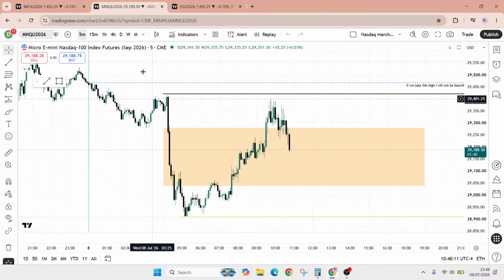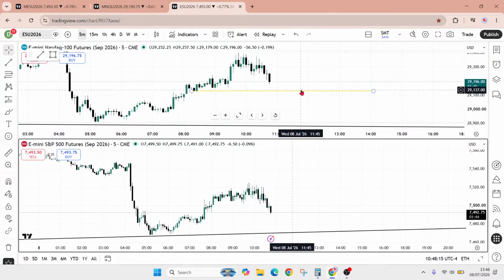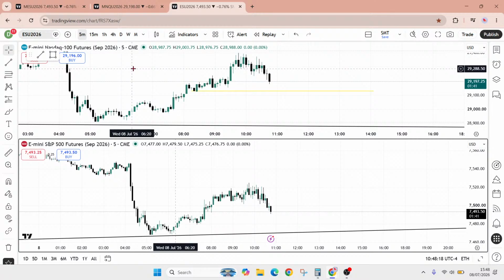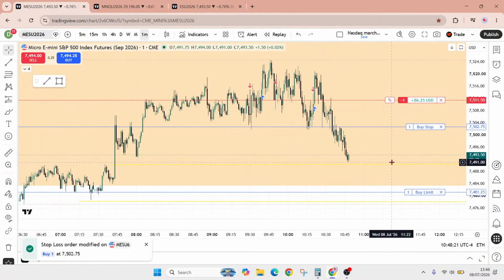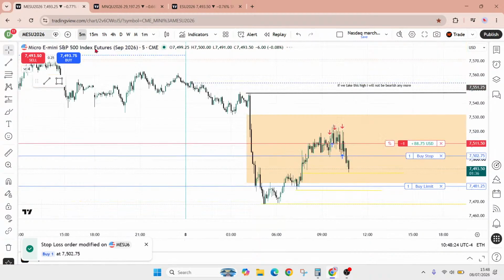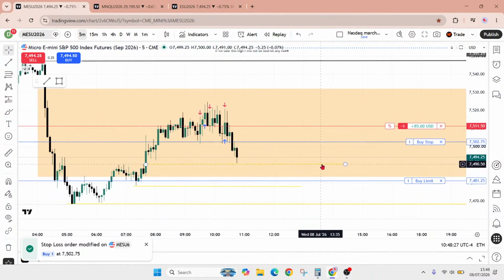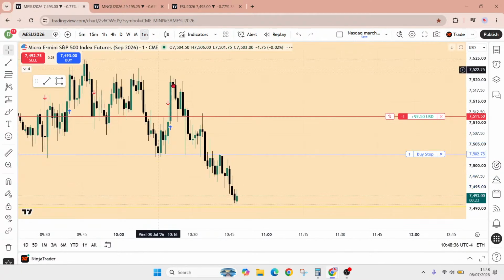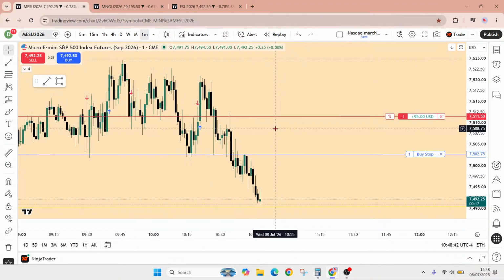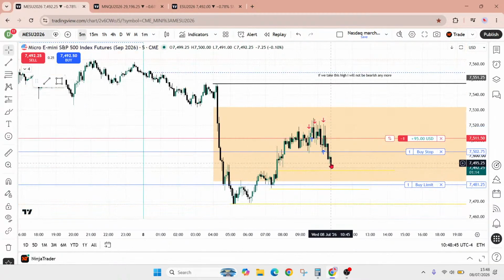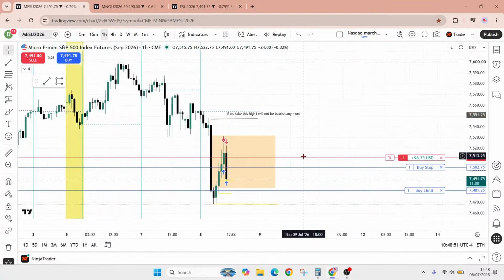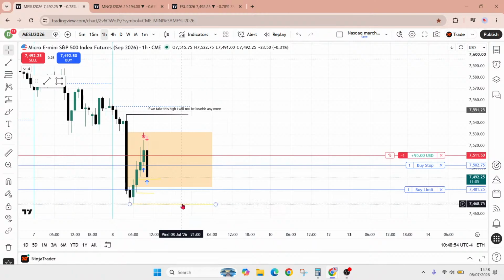Look at NQ. What we want is crash. You might take all-time lows here.